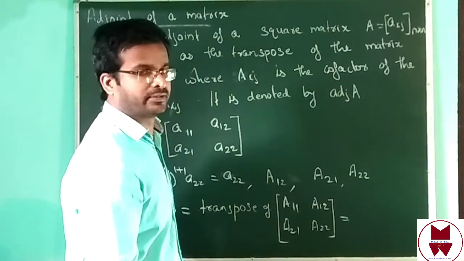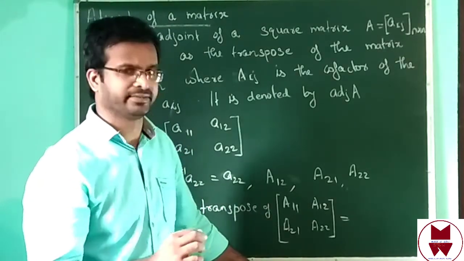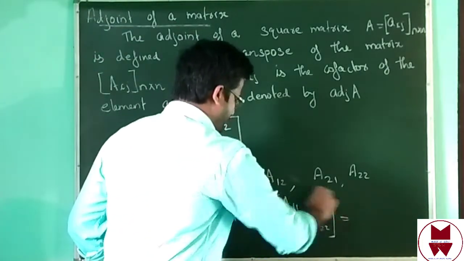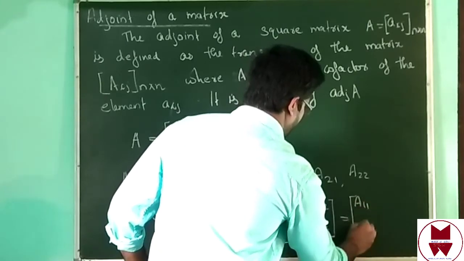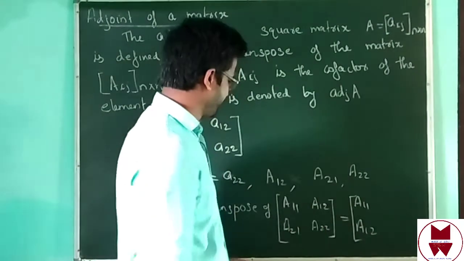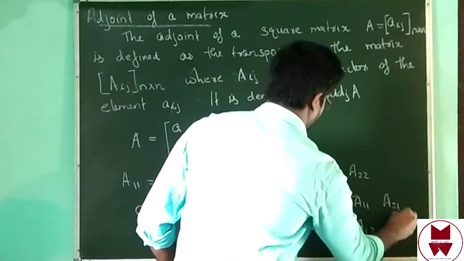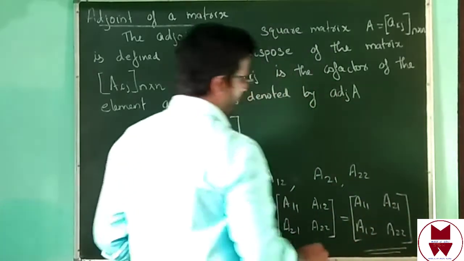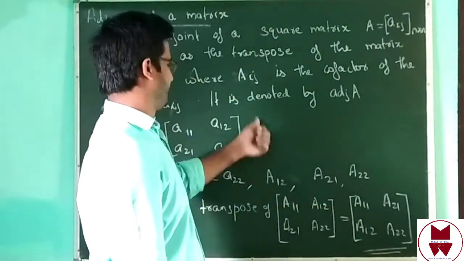What is transpose? Transpose means if you interchange columns and rows in a matrix, you will get the transpose. Just interchange columns and rows. In here, this first row, A11, A12, we make as the first column. Then the second row, make it as the second column. Look, now we got one matrix. This is the adjoint of the given matrix.